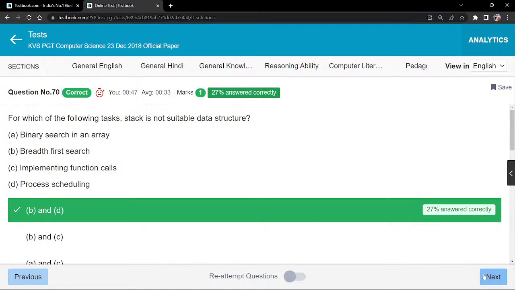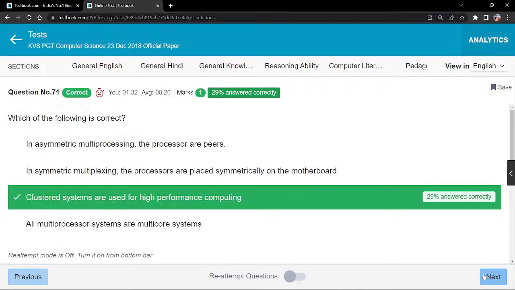For which of the following tasks is a stack not suitable? So B and D, breadth-first search and process scheduling. Which of the following is correct? That is, clustered systems are used for high performance.